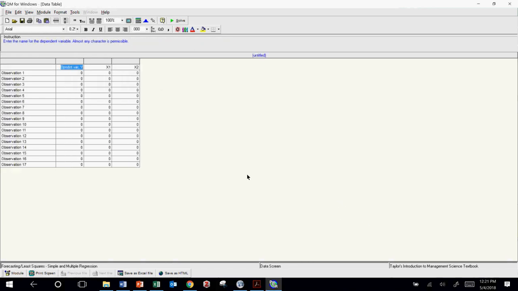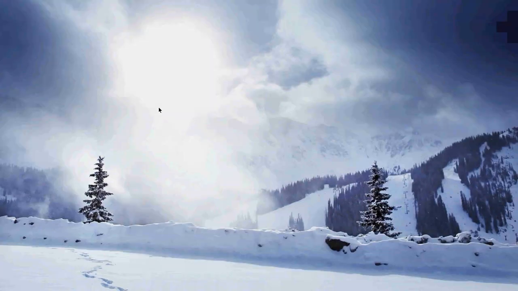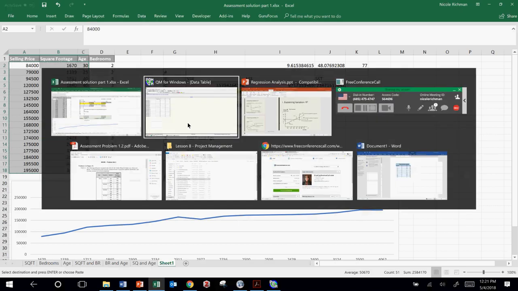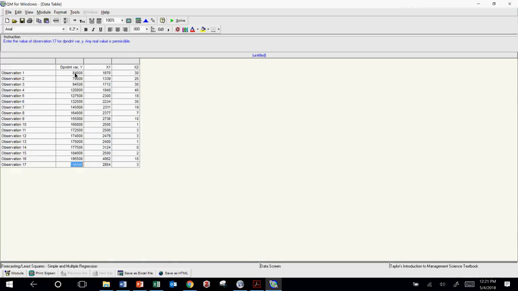So we say okay. And we're going to grab selling price, square footage, and age. I'm going to paste those in there. And again, I'm going to label them.